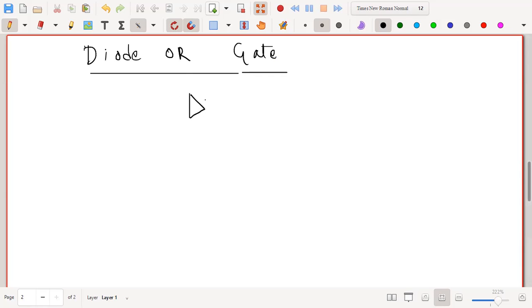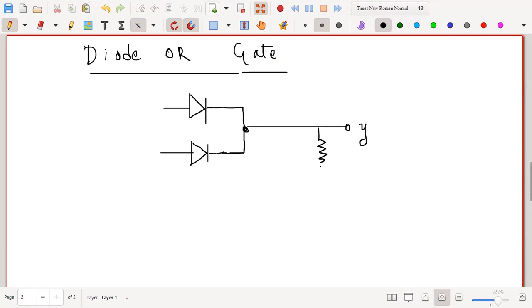In this case, we have two diodes connected back to back in this way. Suppose I'm measuring the output across Y here, and the output is measured across this resistance. Let us call this resistance R.